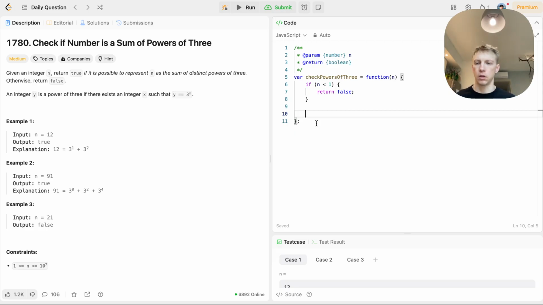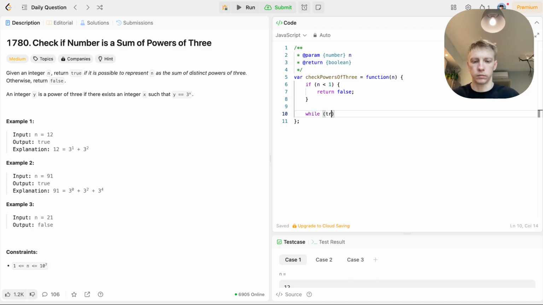After that, we should say that the number should be bigger than 1, which means that we can start with looking for the power that would be the maximum for us.